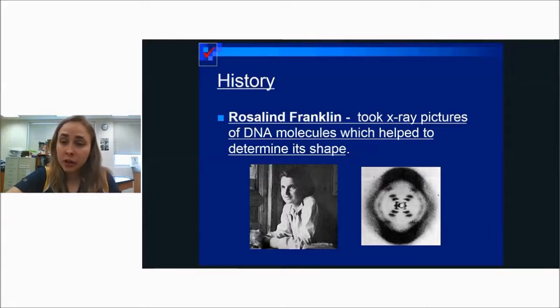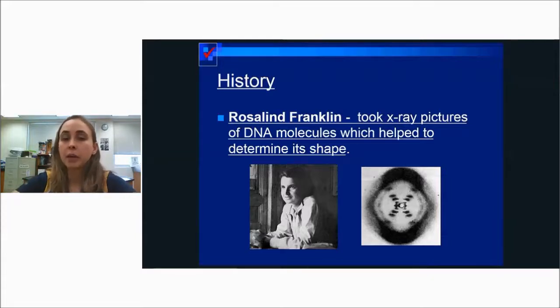DNA was discovered recently, within a little over 60 years ago now. And one of the people that was really important in the discovery of DNA was Rosalind Franklin. She was a scientist that was an X-ray crystallographer, which means she took pictures through the use of X-rays of the DNA molecule.